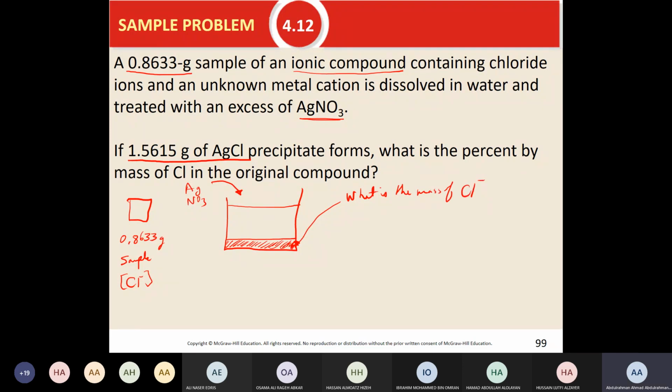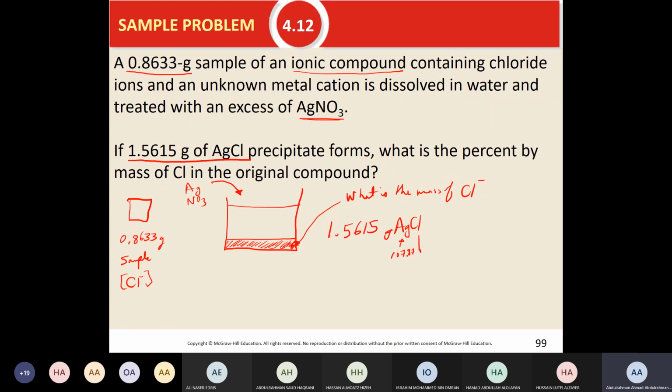The best way: never deal with mass, deal with moles. So if I have 1.5615 gram AgCl, how many moles is this? Go to your periodic table and find the mass of Ag. What's the mass of Ag? 107.868, 107.87. Good.